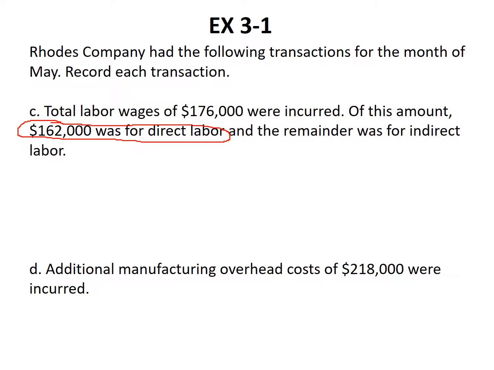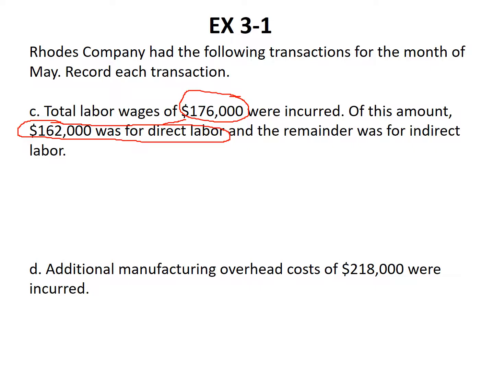And the remainder was for indirect labor. So if we look at our total labor wages and compare them to the amount that we used in direct production, what we see is the difference between the two is going to be $14,000. So that represents the amount of labor that was used as an indirect, that was part of an indirect cost or manufacturing overhead.